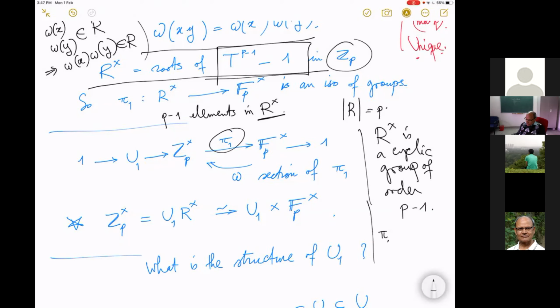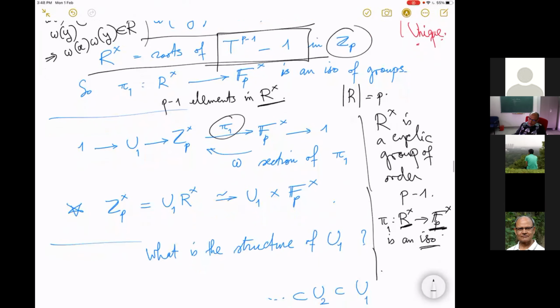So pi 1 from R star to Fp star is an isomorphism. They are different groups, in the sense that this is a subset of Zp, and this is not a subset of Zp. I mean, it's a subset of a quotient of Zp. So they're canonically isomorphic. That's what you should say. They're not the same.